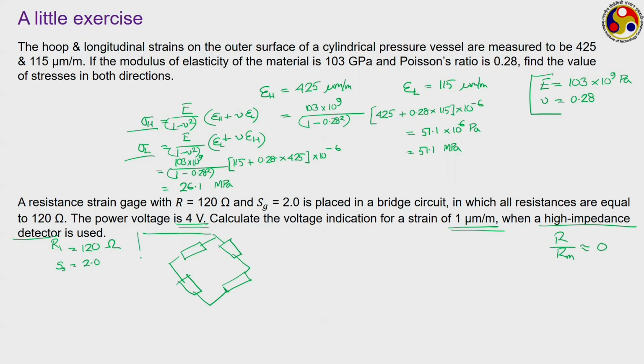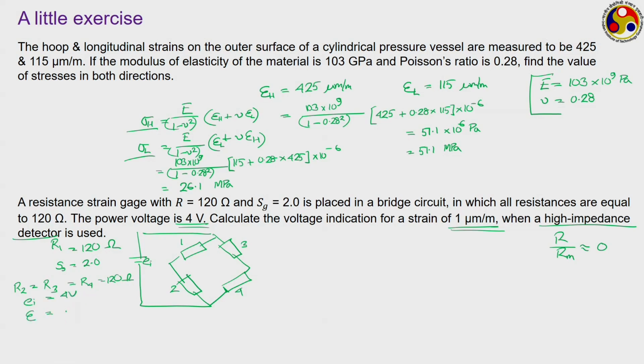And here this is the excitation voltage, and say one is the strain gauge and others are 2, 3 and 4. Here R1 refers to the gauge resistance, and as for the given situation R2, R3 and R4 all are equal to 120 ohm, which is the gauge resistance itself, and this Ei is given as 4 volt.